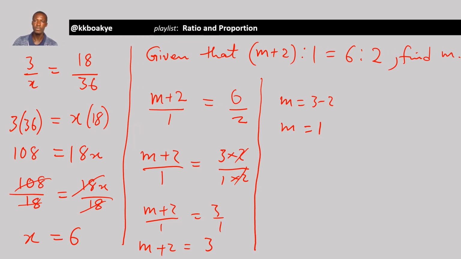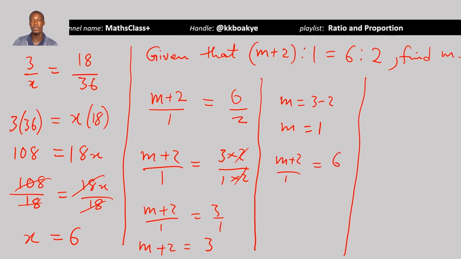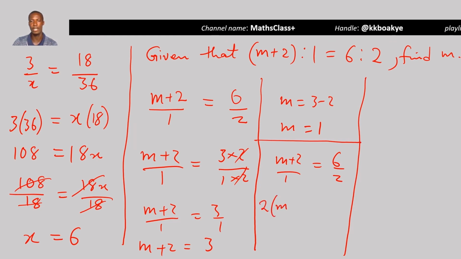Now if you are to use the second method, we will have m plus 2 over 1 equal to 6 over 2. And so we do our cross multiplication. We have 2 multiplying m plus 2 and then 1 multiplying 6.